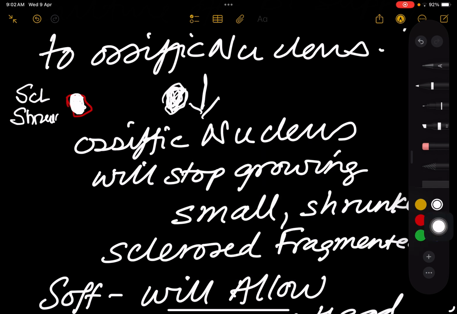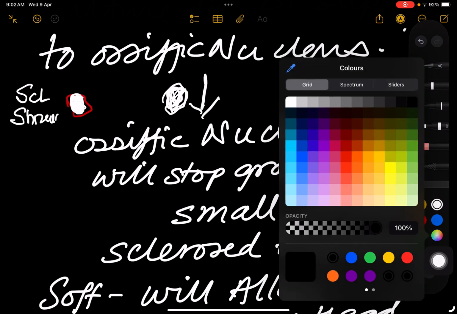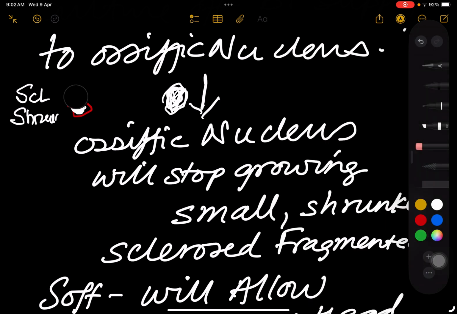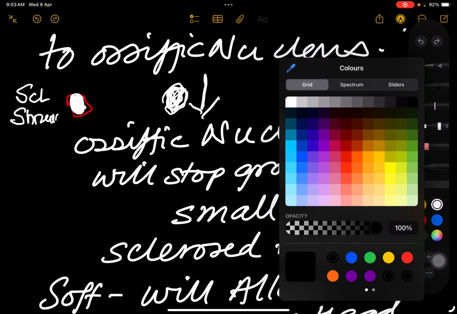So it may fragment. We intend to show the fragmentation by the black color.